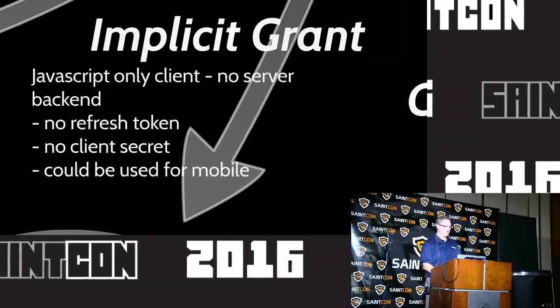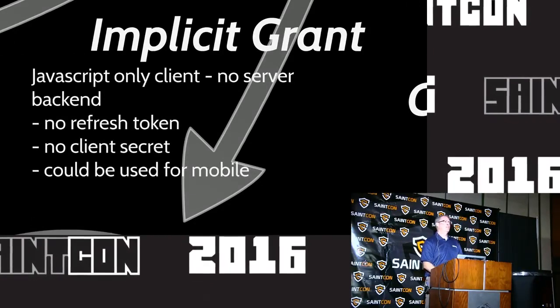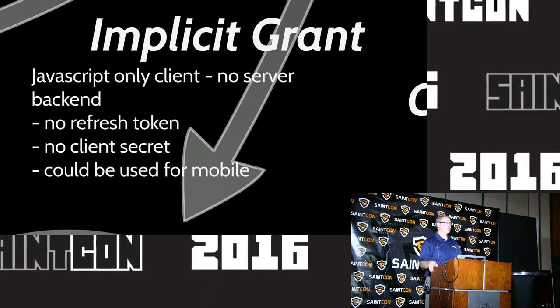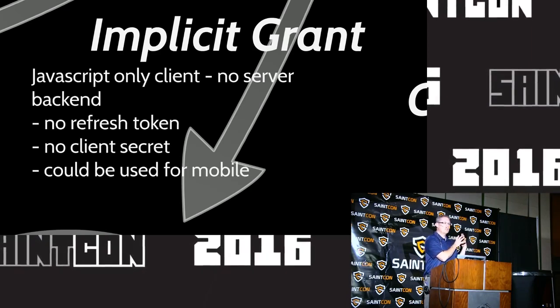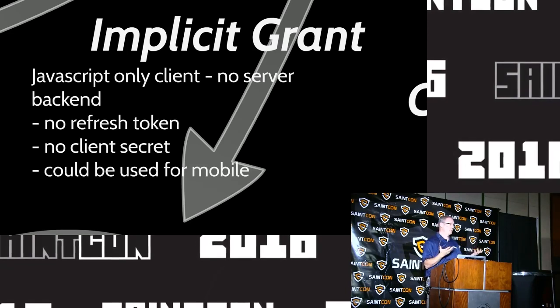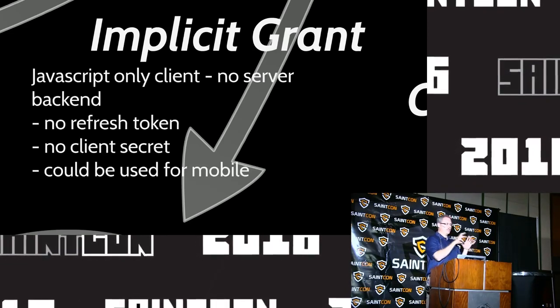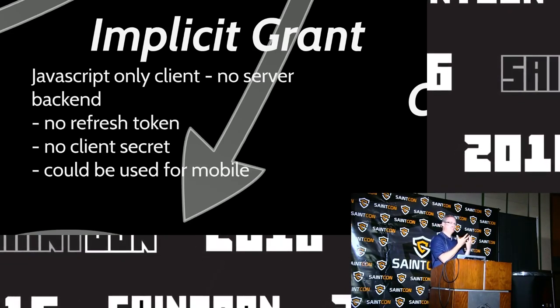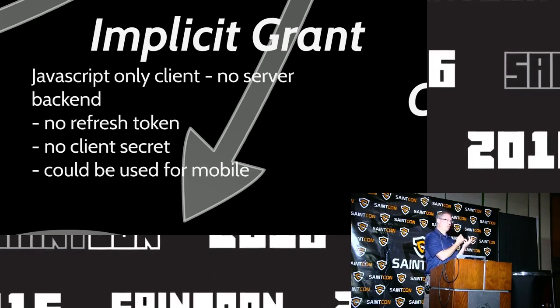So that is the real meat of OAuth. They have some other flows. Implicit grant skips a step, so that if you just have a JavaScript-only client or a public type client like an Android app or an iOS app, where someone could get at it and you can't embed credentials in there for authentication.